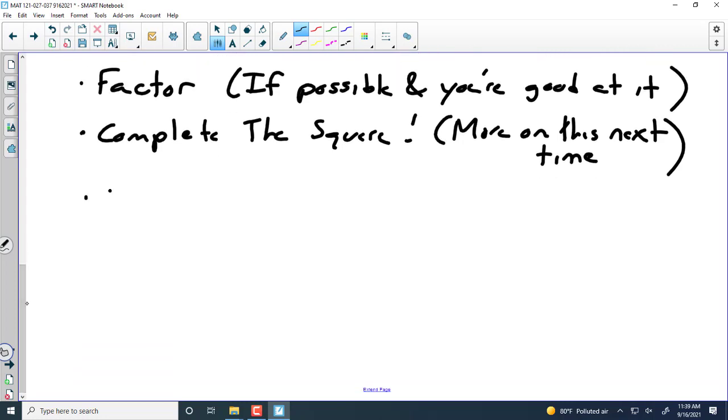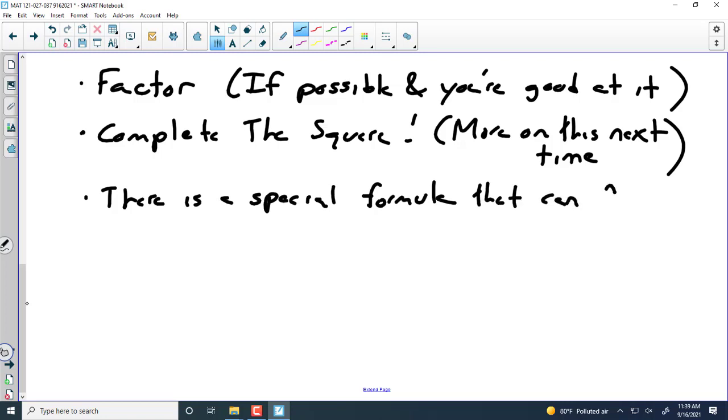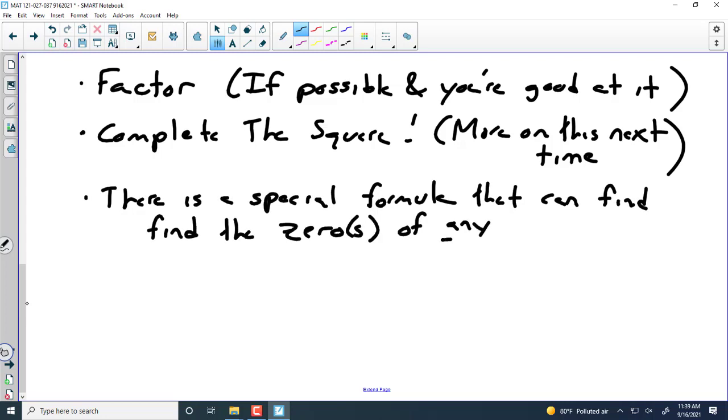Or, there is a special formula that can find the zeros of any quadratic.